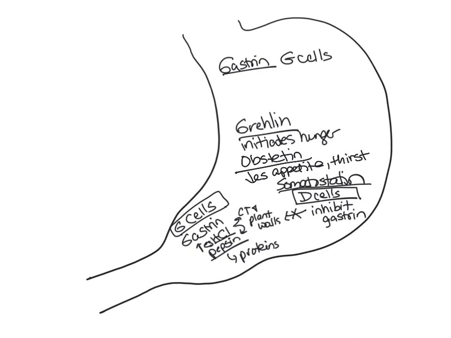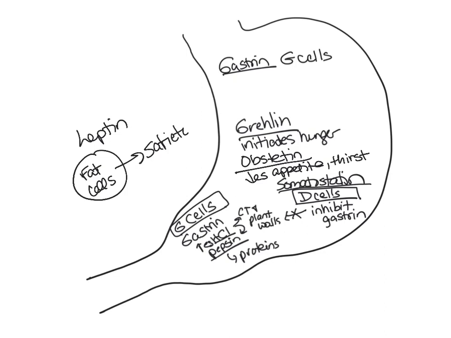There's another hormone called leptin. Leptin is produced by fat cells, right? So fat cells release the leptin, and leptin gives you that feeling of fullness, satiety. You feel satiated, you're full, you just don't feel hungry.